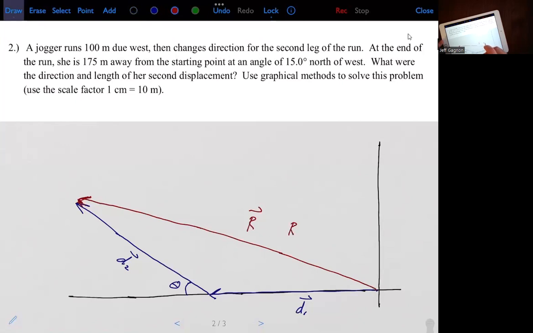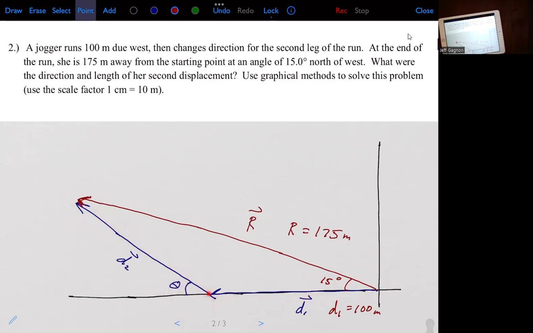So R here is 175 meters, and then this angle is 15 degrees. Okay, and we know D1, the magnitude of D1 was 100 meters. An angle you could say is 180 degrees, right? Because it's due west. So if I measure from here, it'd be 180 degrees, like due west. So given all that information, I want to find the second displacement, D2, right? I want to find the magnitude and then the angle.